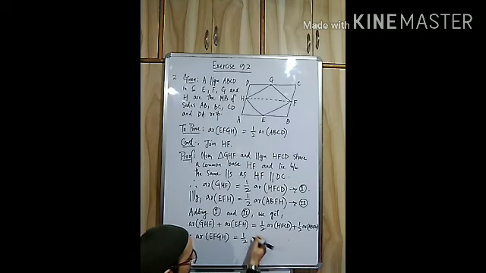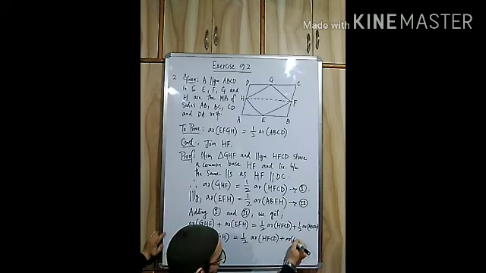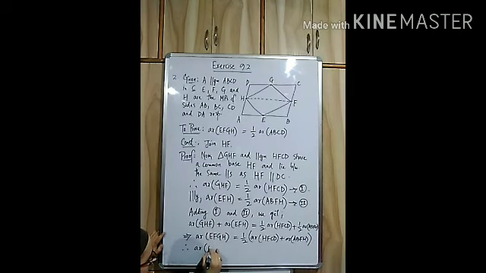Take 1 by 2 out as common factor, so area of HFCD plus area of ABFH. Got it? Just like this. Therefore, area of EFGH is nothing but 1 by 2 times this plus this.